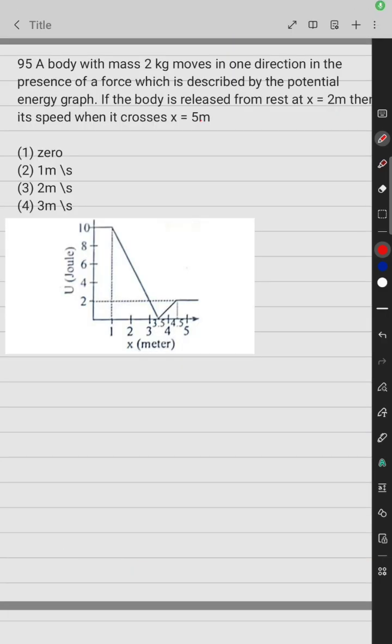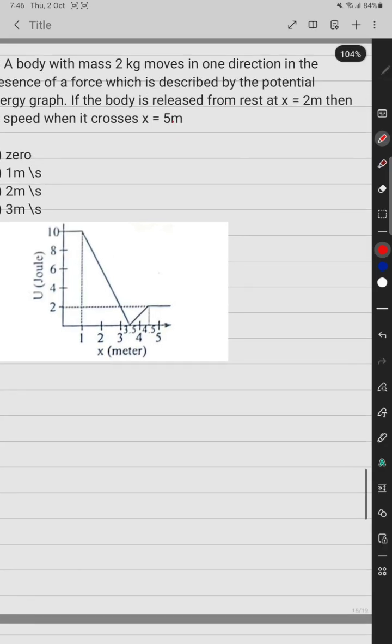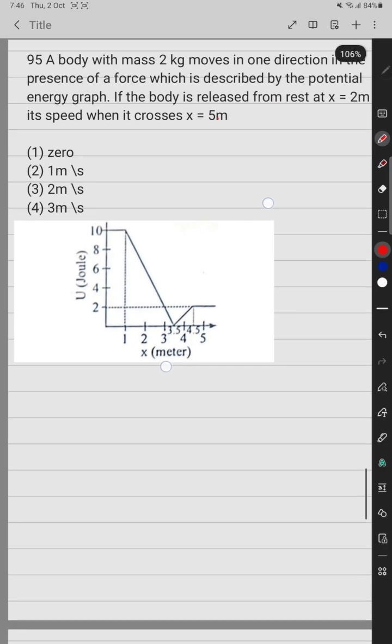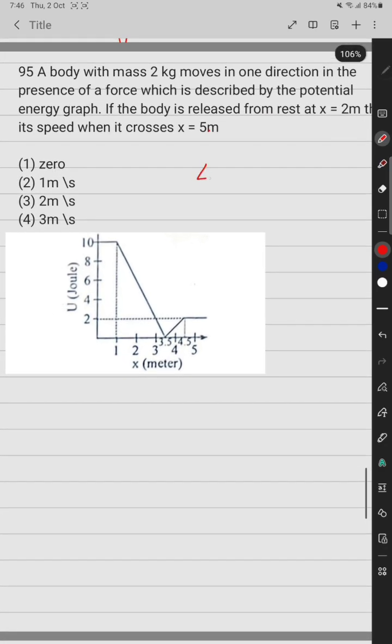The third one. This question: a body of mass 2 kg moves in one direction in the presence of a force which is described by the potential energy graph. It means change in potential energy is converted into kinetic energy.